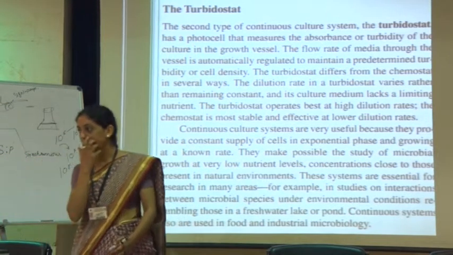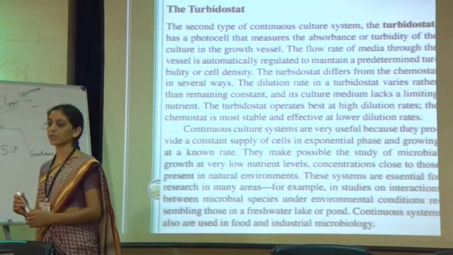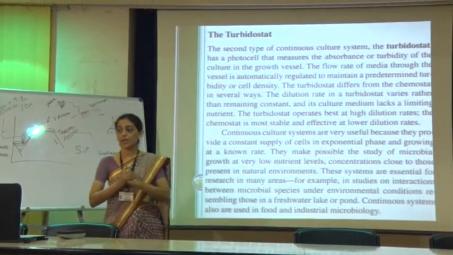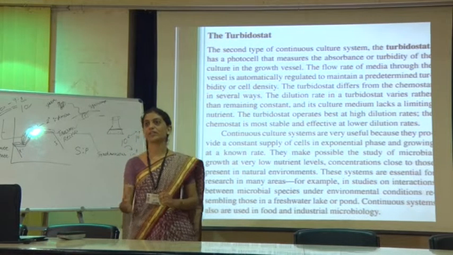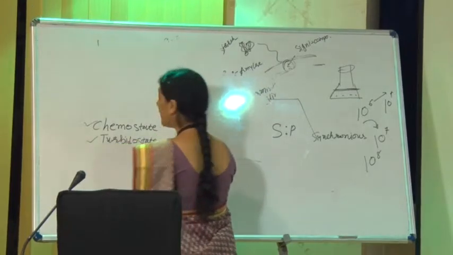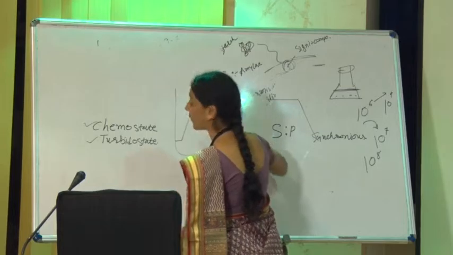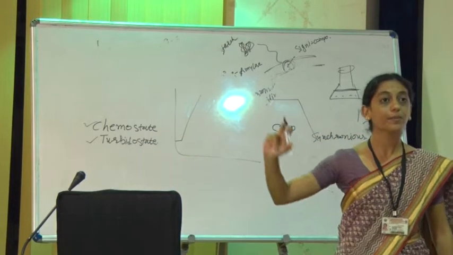In turbidostat, that is the second type of it, that is continuous culture system, turbidostat, that is maintenance of the turbidity. As I told you, you are interested minimum lag phase but prolonged log phase, higher production.